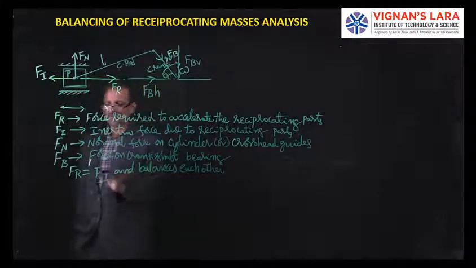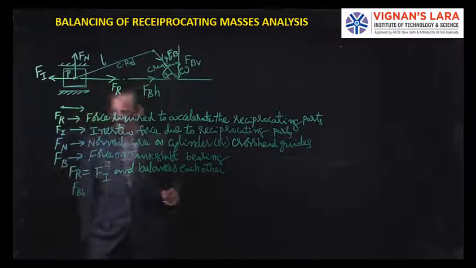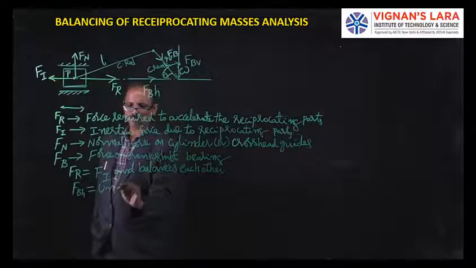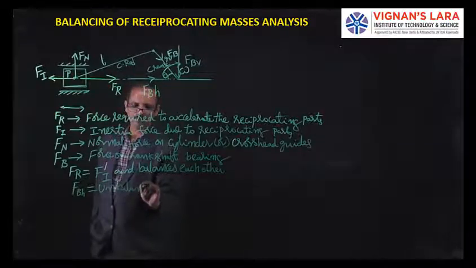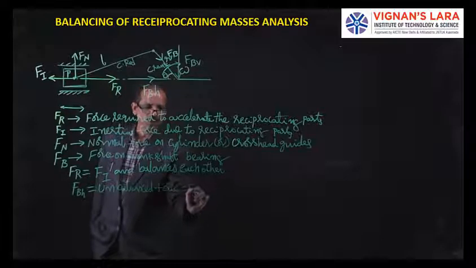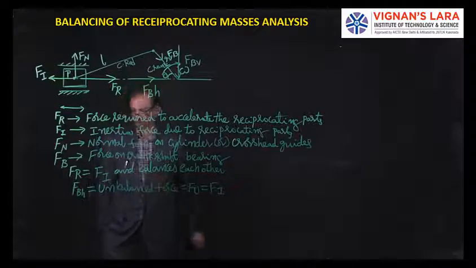So Fbh is the unbalanced force, which is called Fu, which is also equal to Fi, that is the inertia force.